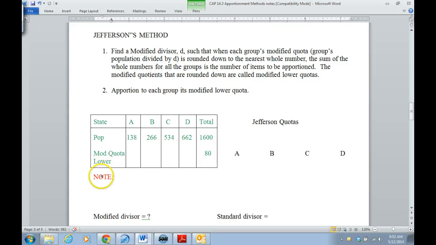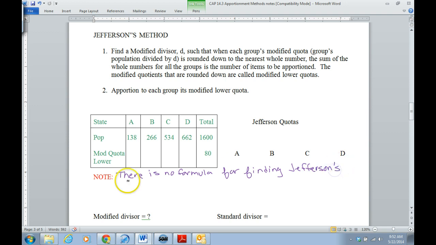So write in your notes: there is no formula for finding Jefferson's divisor. You are using trial and error to find it.